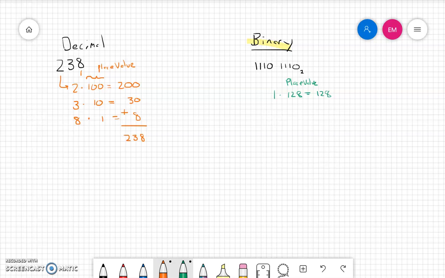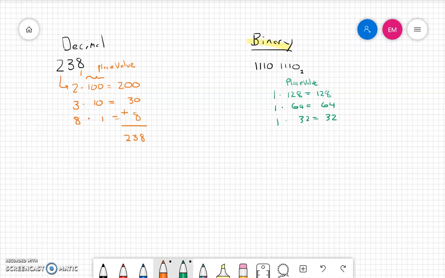This next place value over is the 64th place value. So I have 1 64th, and that is going to give me a total of 64. All right, next place value over here is the 32nd place value. So I have 1 32nd.